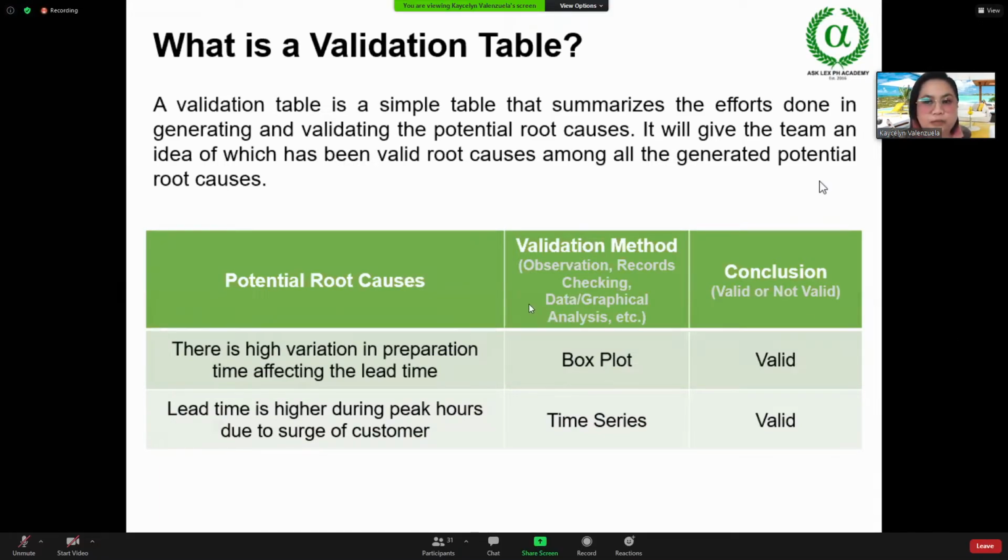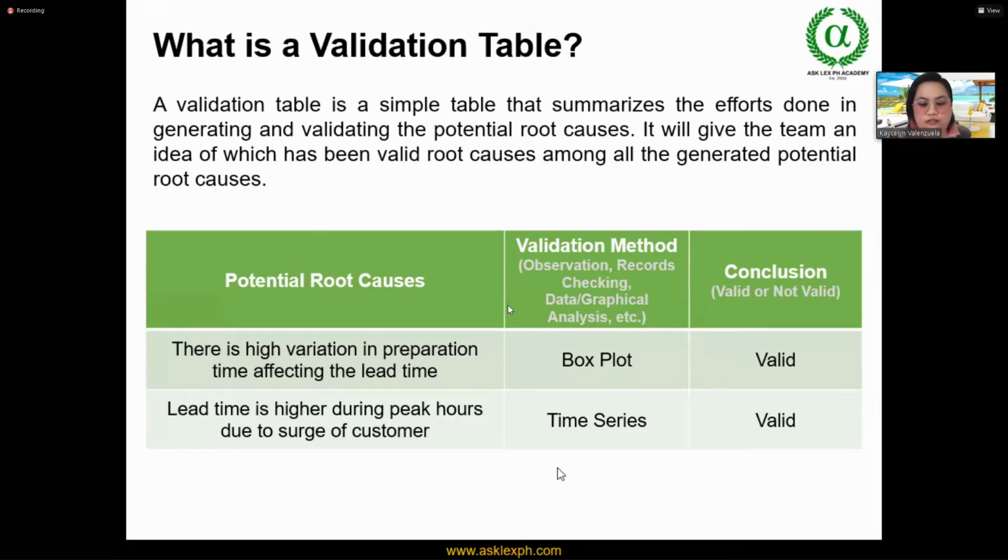So, yung validation table nyo contains yung napili nyong root cause. Ito yung PRC, after nyong ipareto, di ba? Ito na yung PRC. Pero kung konti lang naman yung na-identify nyo na PRC, di huwag nyo nang ipareto. Okay lang naman.